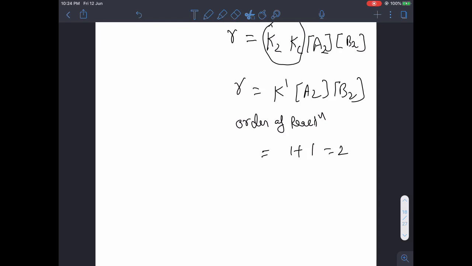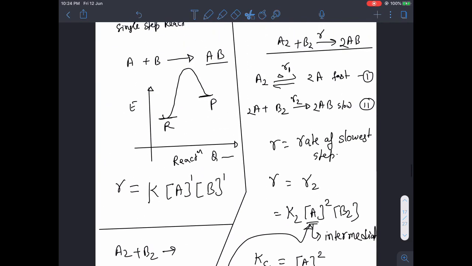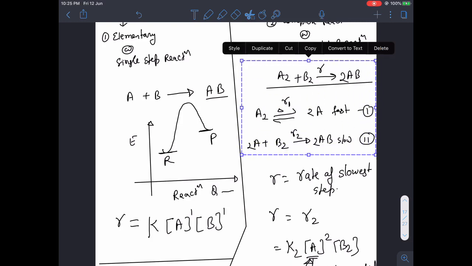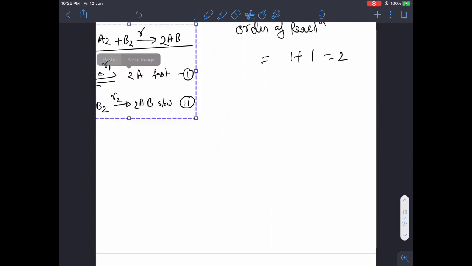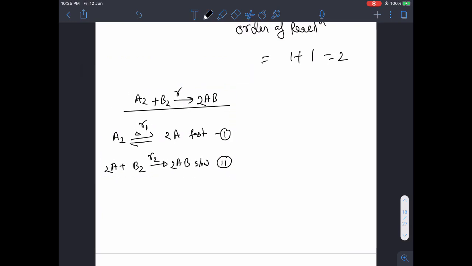Fine. So now let us consider a second case, in which, for the same complex reaction, the same multi-step reaction, let us consider the first step is actually slow and the second step is fast.